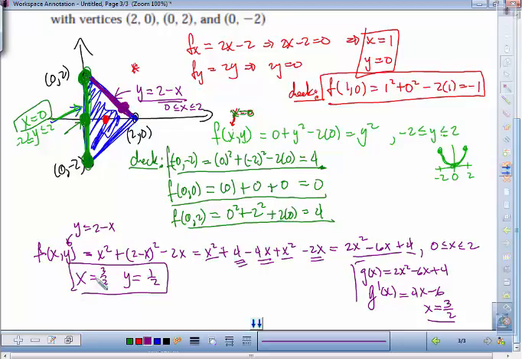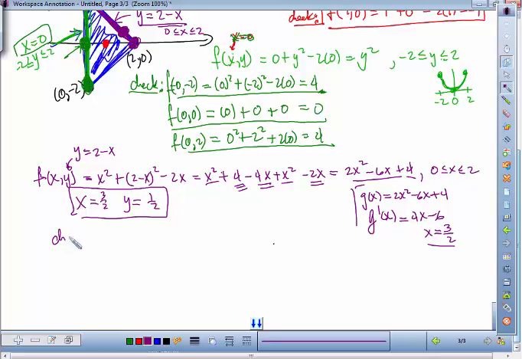So what do we need to check? We need to check this critical point, and this other boundary. We technically would check this boundary, but we already checked that, and we got a z value of 4. So we still need to check two things. Check f at (3/2, 1/2).